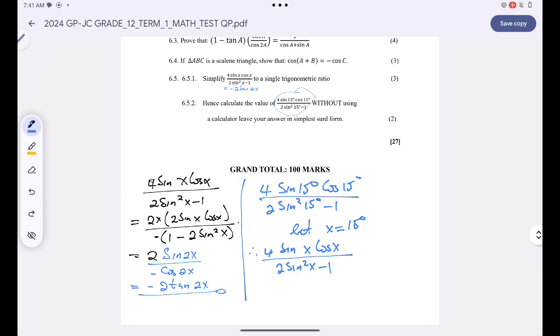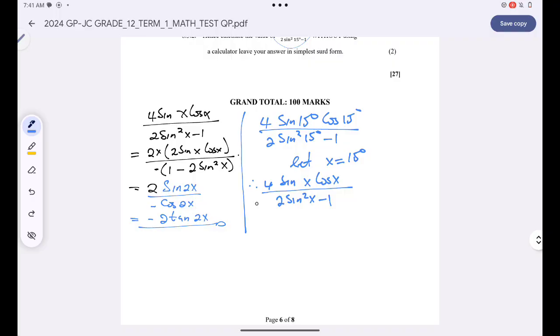But I know whenever I have something like this, it will be equal to negative 2 tan 2x. So I'll simply say therefore this is equal to negative 2 tan 2x, right? But remember, what is the value of x? The value of x is just 15 degrees. Are we together?